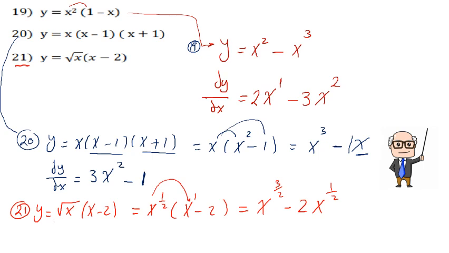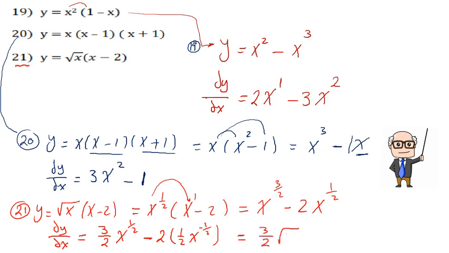So now I can find dy by dx easily. So I put down the exponent, which is 3 over 2, taking from the exponent 1, so 3 over 2 minus 1, which is half, minus 2 is a constant. I put down the exponent, which is half, and taking from the exponent 1, so it's negative half. Let's simplify it. So it's 3 over 2 root of x, as x to the power half can be written as root x, minus 2 multiplied by half is 1, and x to the power negative half is 1 over root x.